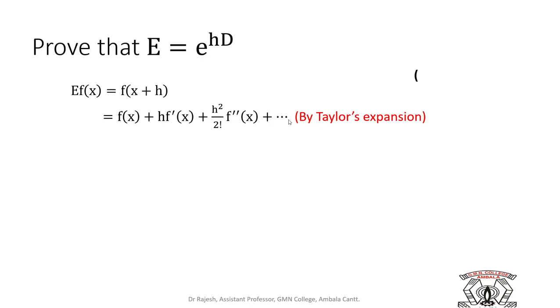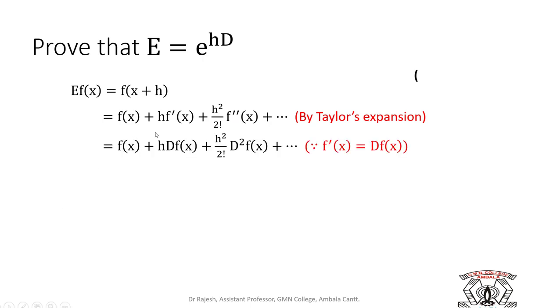Next, in place of dy dx, because this is the definition of the differential operator, dy dx is equal to capital D. So we have used this over here. Next it can be written with f of x taken outside: h square, D square, and so on.